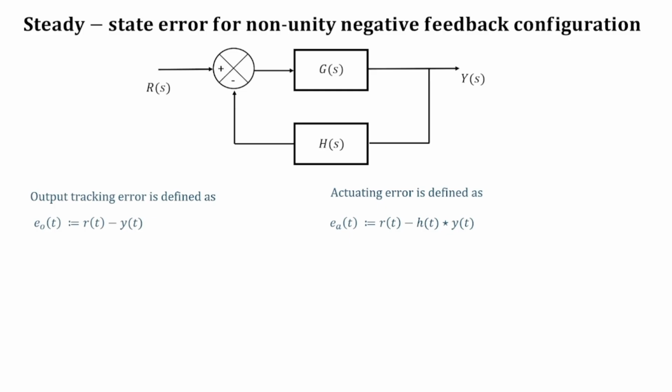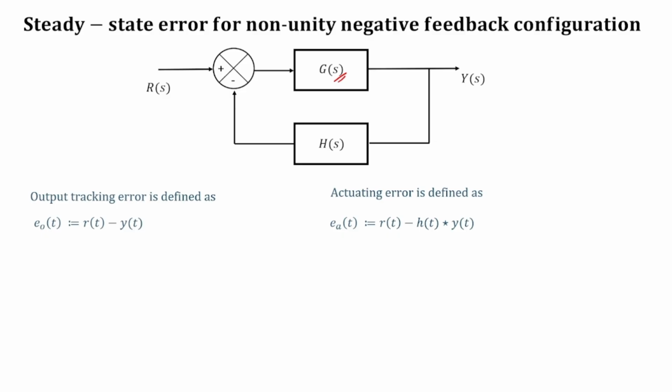Can we look at the type of a system and directly conclude that the output tracking error will be 0 or the actuating error will be 0? And the other question is, how do we even define type of a system? Because type of system in the previous case was defined as the number of integrators in the transfer function G(s), the plant transfer function.